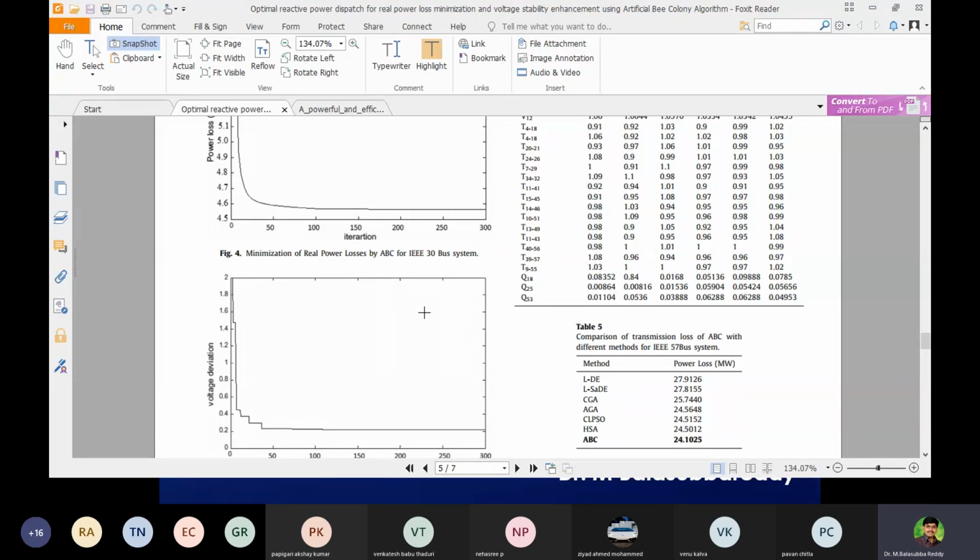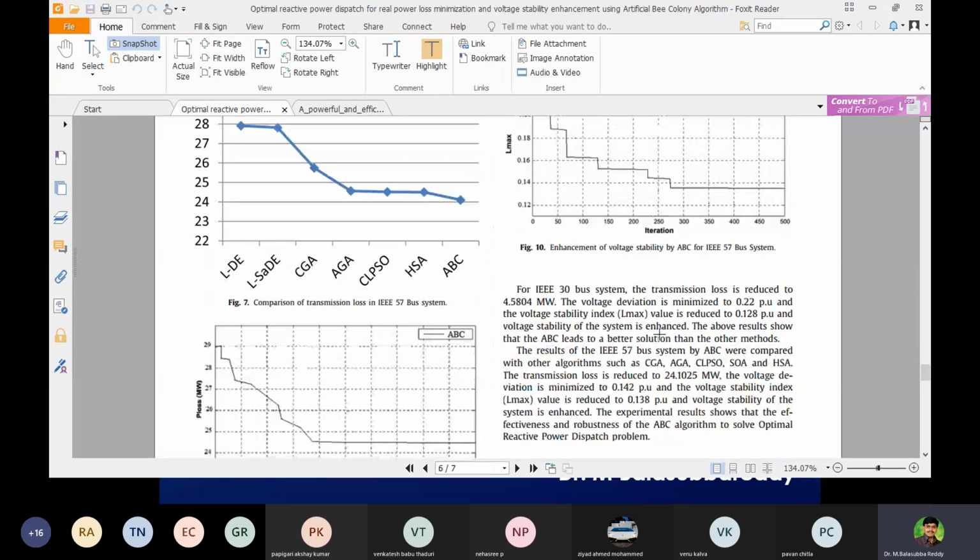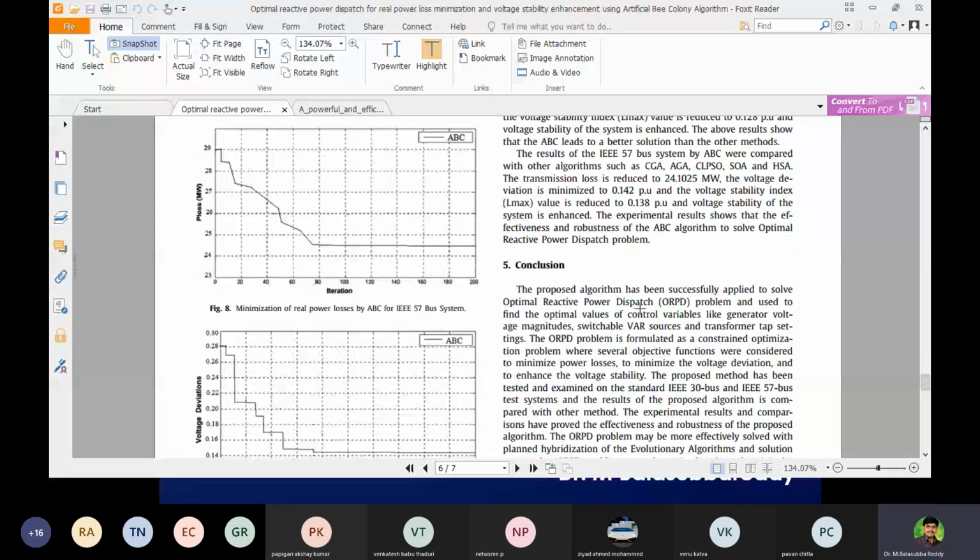Then the same code will be implemented for other types of systems also, even large power systems. That's why they mentioned different systems here. Three objectives they considered and solved, and they presented it as a paper solution here.